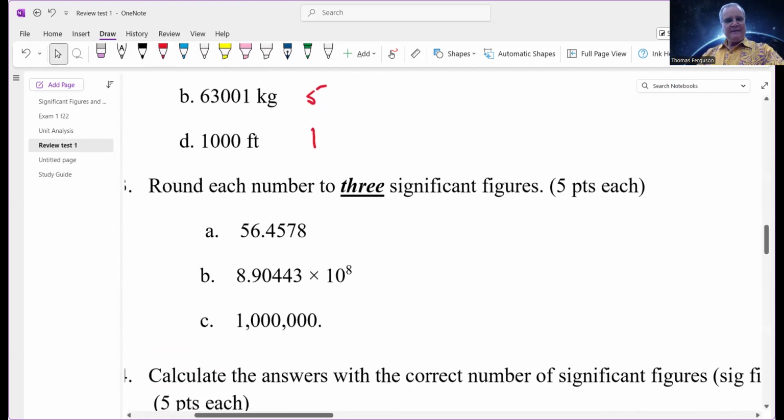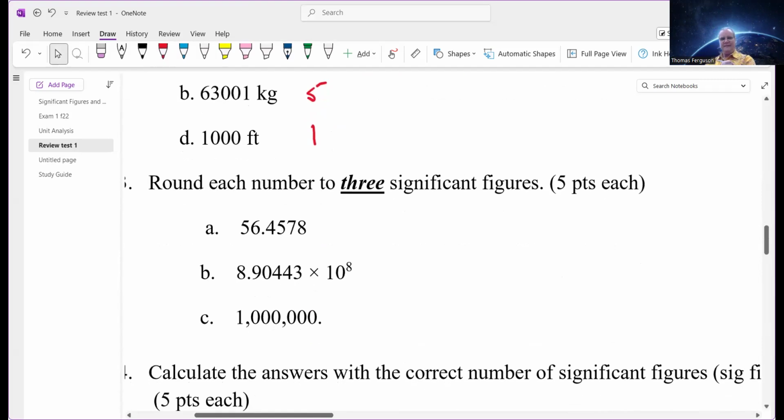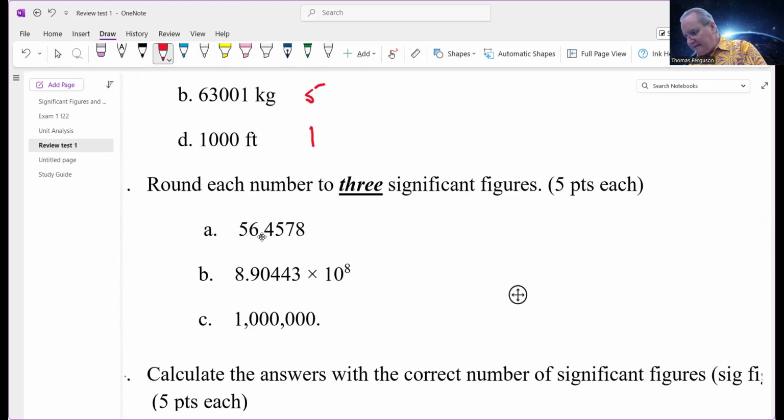Okay, convert these to 3 sig figs. That means we go to the fourth significant figure, which is a 5. That makes the 4 a 5 then. So we're talking about 56.5. Go to the fourth place, 1, 2, 3, 4.